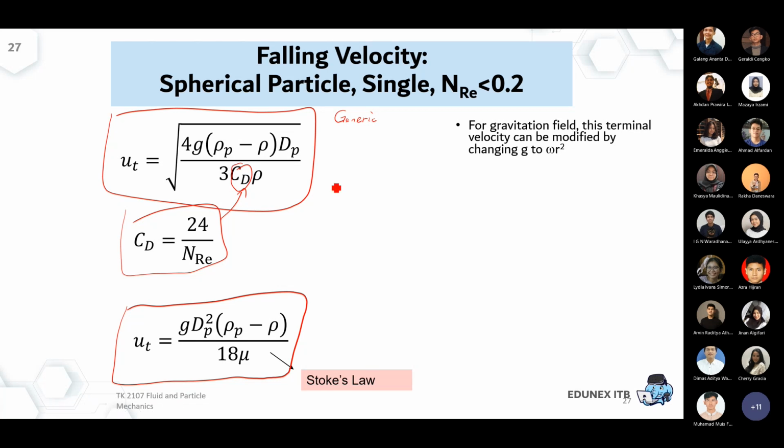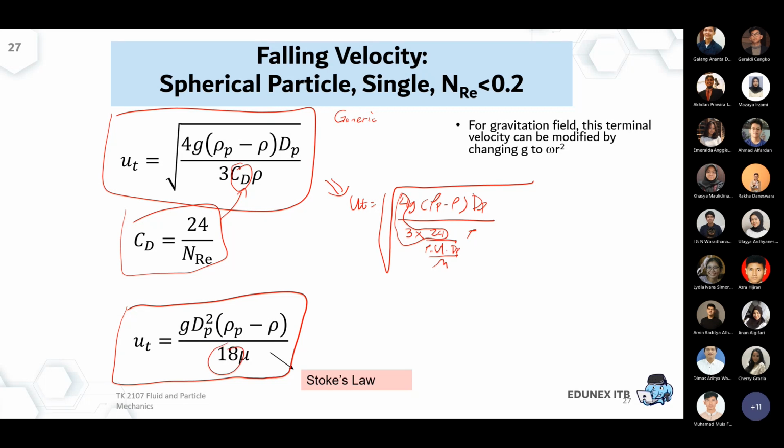Maybe I'll just quickly put this derivation. For g rho P minus rho, that's dP, and then we have 3 times CD, where CD is 24 per RE. RE is rho velocity particle dP per mu. So that part becomes per 18.